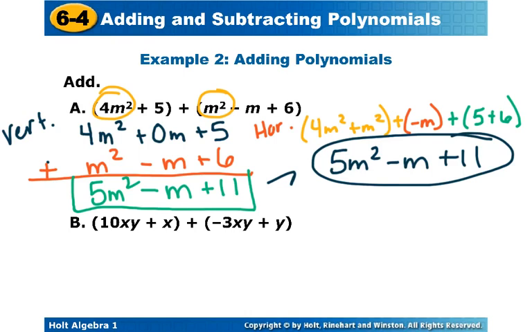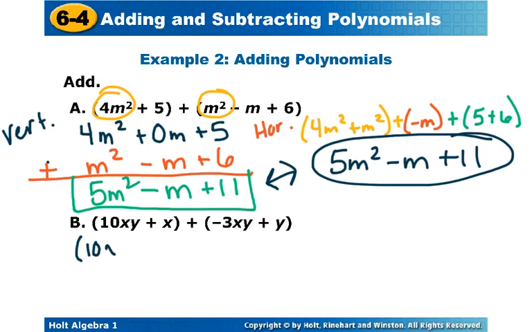So if you notice, no matter which way you do it, you get the same answer. So for letter B, let's think about this. Which method do you want to use? We're going to go horizontal this time, I think. So looking at it, grouping your terms.